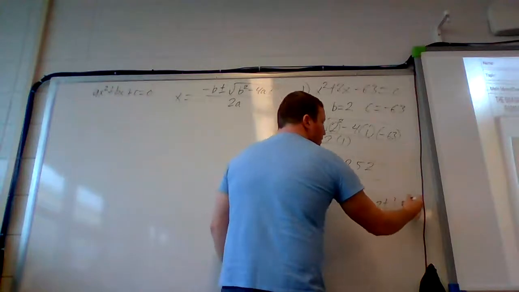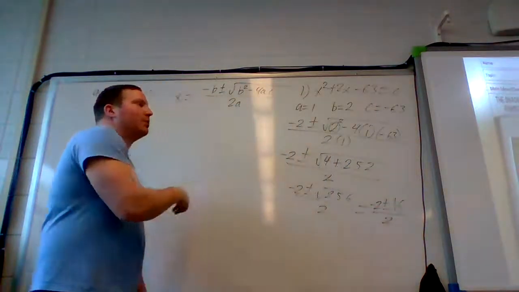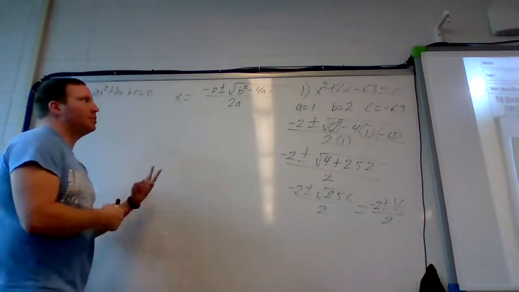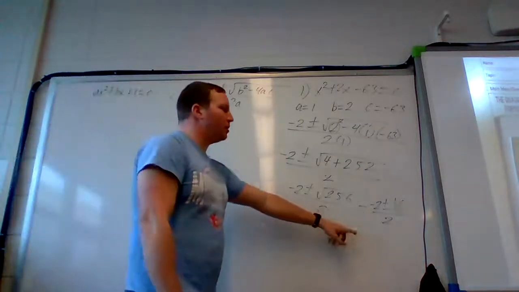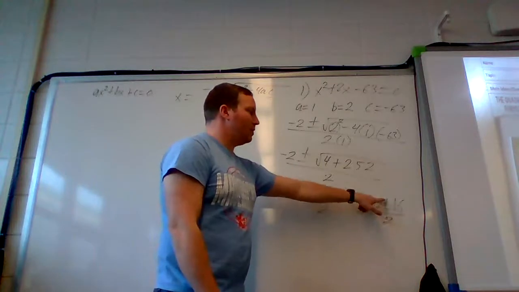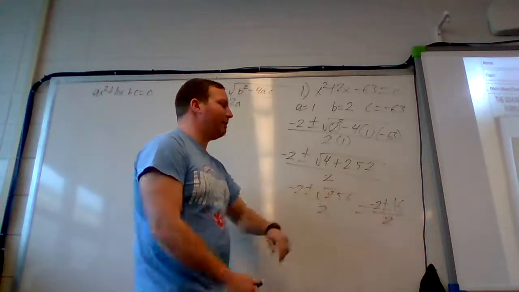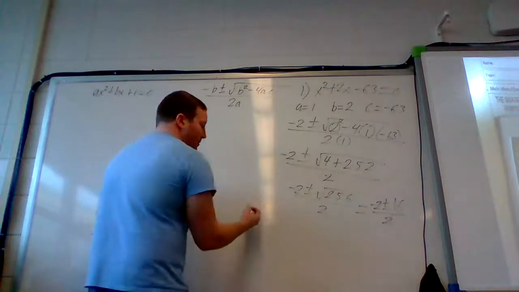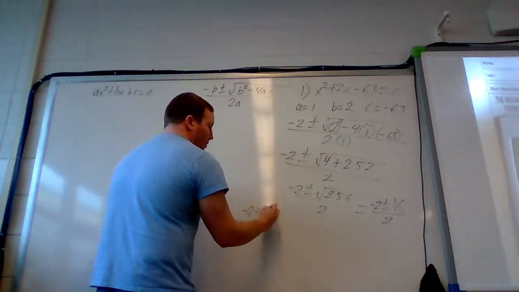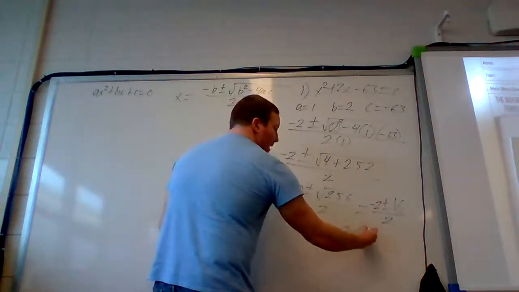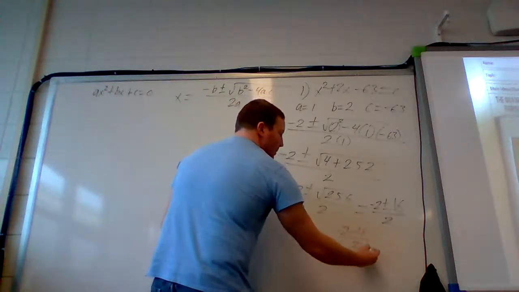Now here's where, again, we can think about what we were doing on Wednesday. Quadratics can have 2 solutions, 1 solution, or no solutions. In this case, we get our 2 solutions from this plus and minus. So we're going to have negative 2 plus 16 divided by 2, and we're going to have negative 2 minus 16 divided by 2.